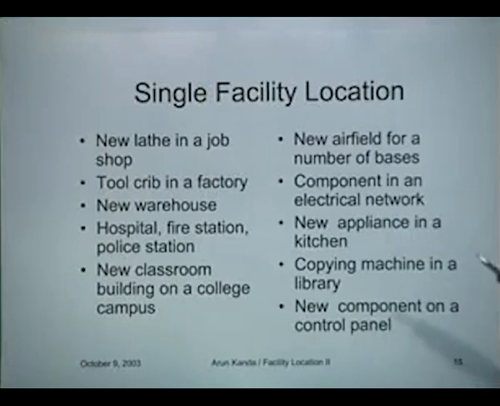So you can determine where the optimum location for the copying machine should be. Or if there is a new component on a control panel, you have a big switch gear, Larsen and Toubro switch gear, huge one, and you are trying to find out where a new component should be installed. That's also a single facility location problem.